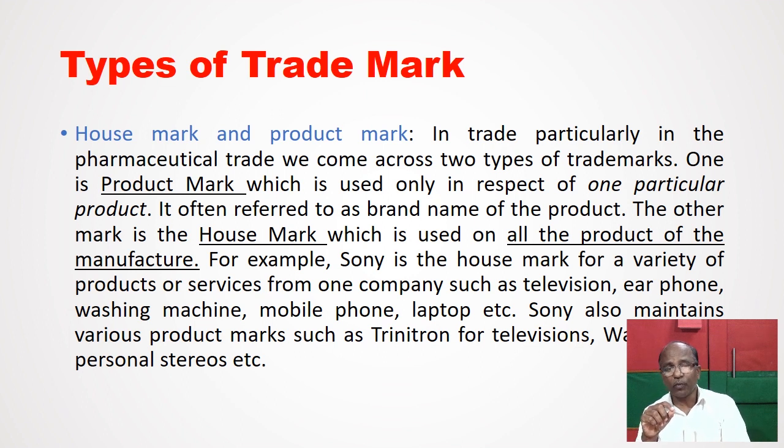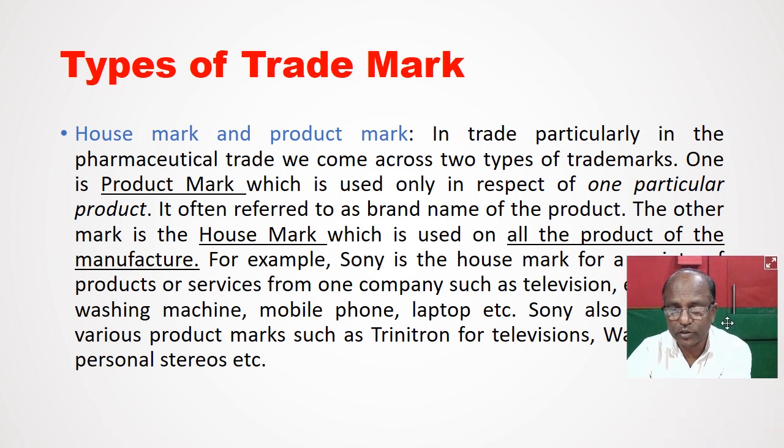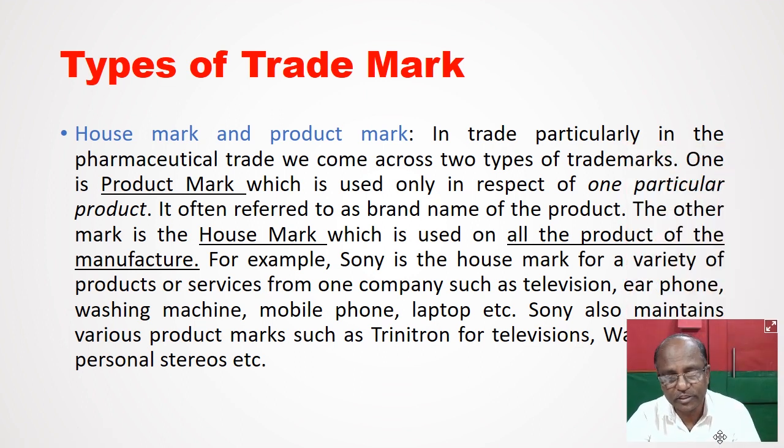Sony is the house mark for a variety of products or services from one company, such as television, earphones, washing machine, mobile phone, laptops, etc. Sony also maintains various product marks, such as Trinitron for television, and personal stereos and Walkman are there from Sony. So Sony has a product mark and the house mark also. Sony is considered a house mark and Trinitron is considered a product mark.